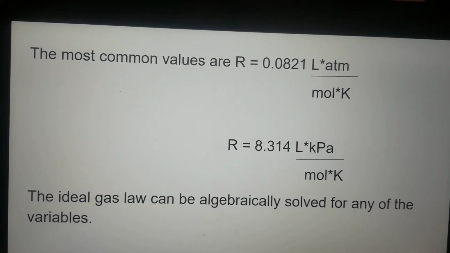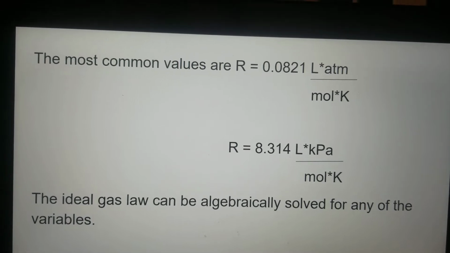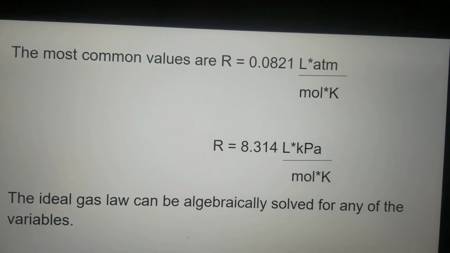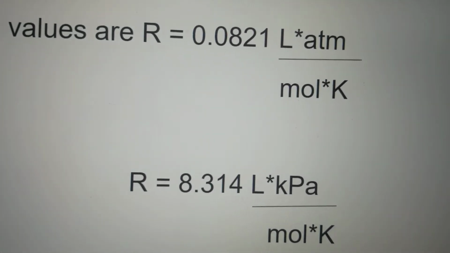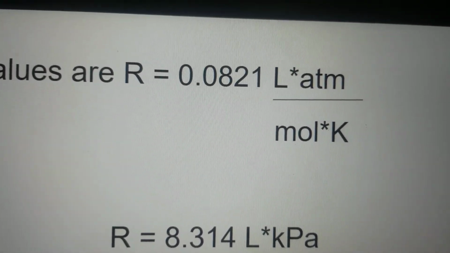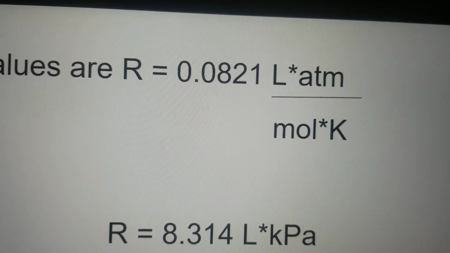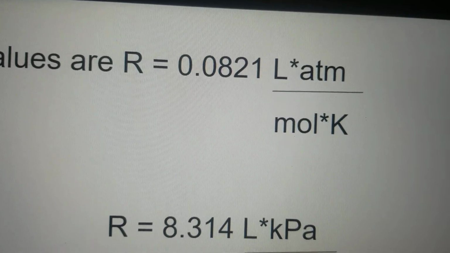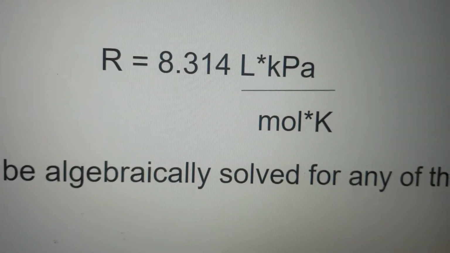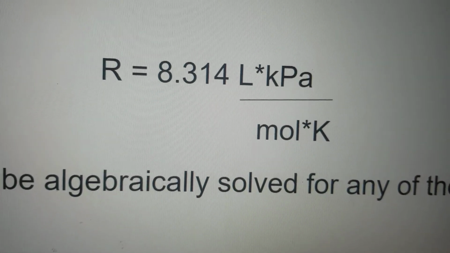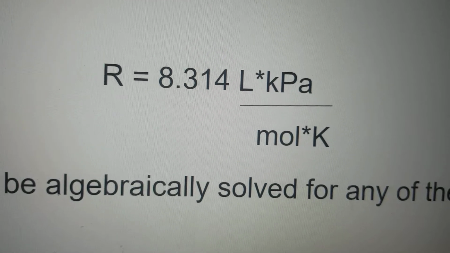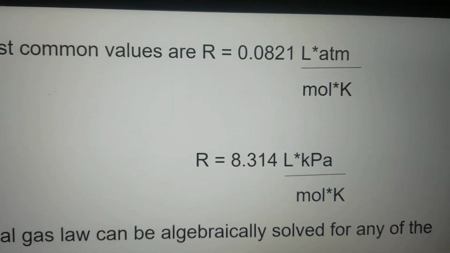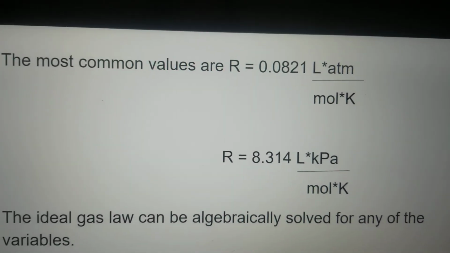Now notice the only difference is going to be in the units. The units for this R are liters times atmospheres divided by moles times Kelvin. The units for this are liters times kPa over moles times Kelvin. They're the same except for the units of pressure.